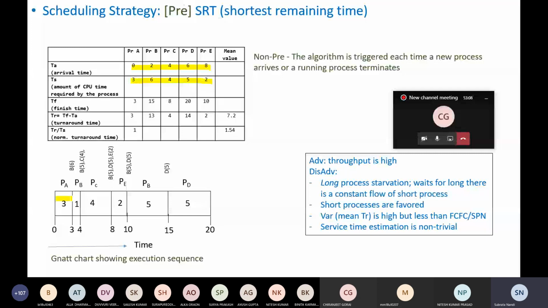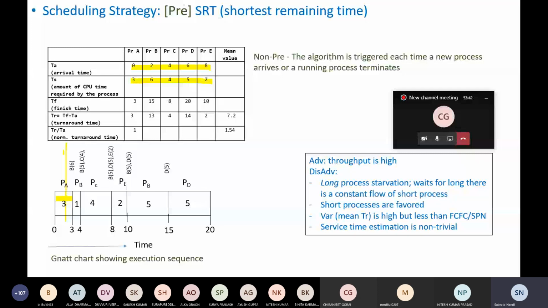When it got triggered, it found that process A has 1 time unit left, but process B requires 6. So there's no point in stopping A. Let A be completed. The scheduling algorithm got executed, but no change was there in the scheduling status.